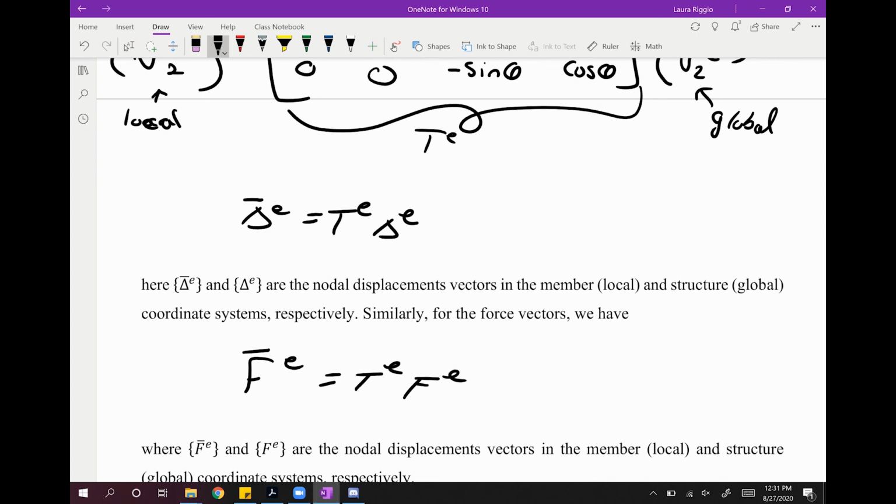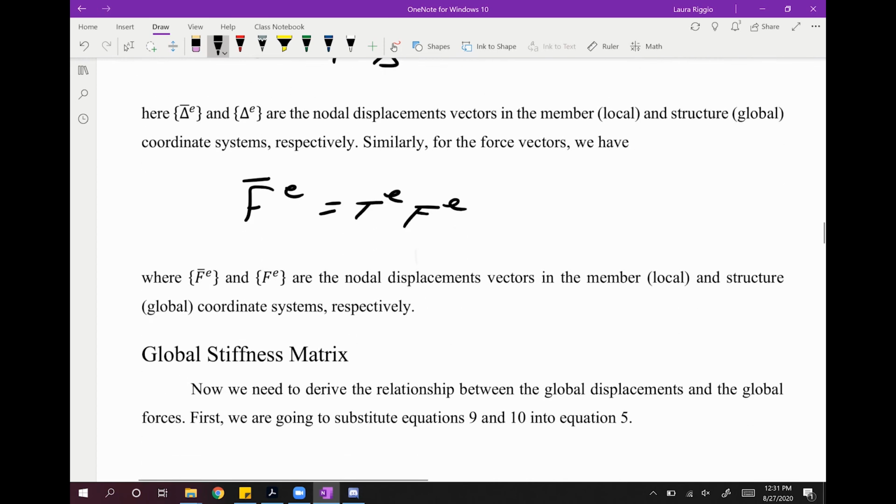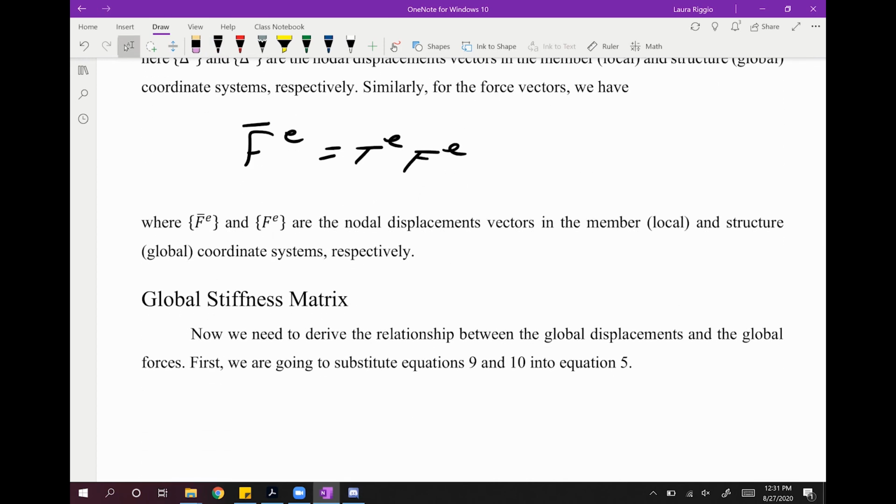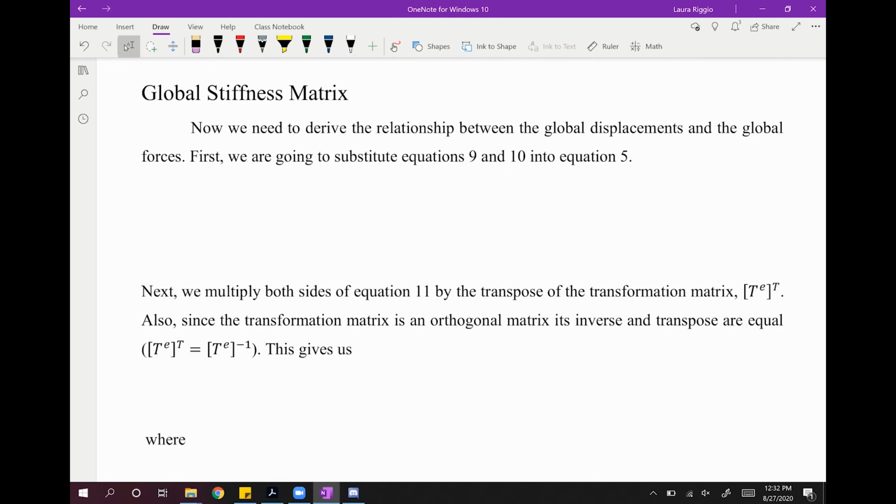What I'm going to do now is I have my coordinate transformations, I have my local relationship. I'm going to see how I can use these two to generate my global stiffness matrix. I'm going to derive the global level. So on the local level, we had F bar is equal to K bar delta bar.